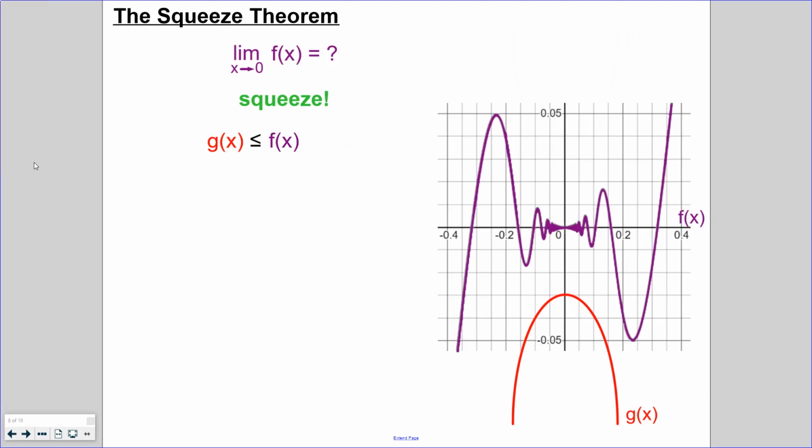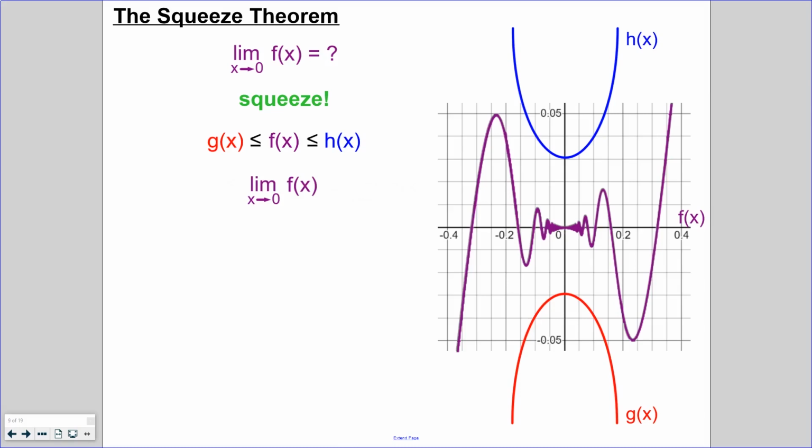Then, for the upper side of our compound inequality, we need to choose a function that has y values that are always greater than the purple y values, a function that's always above f of x. We can do that by choosing h of x, because as we can see here, h of x is a parabola with all the values above f of x.